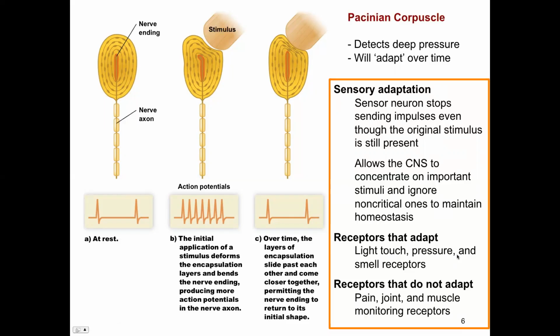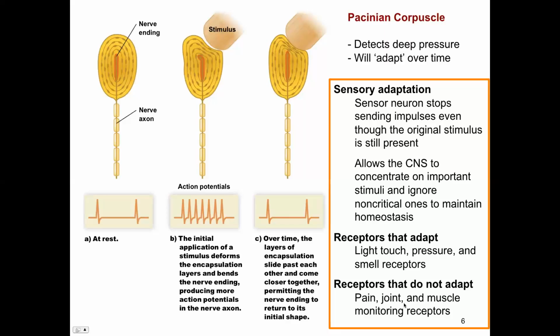Things that adapt are things that don't necessarily mean death if you don't pay attention to them. Other things that do not adapt would be pain and the positioning of your joints and muscles. You have all kinds of special sensors in your body that tell you about body position.